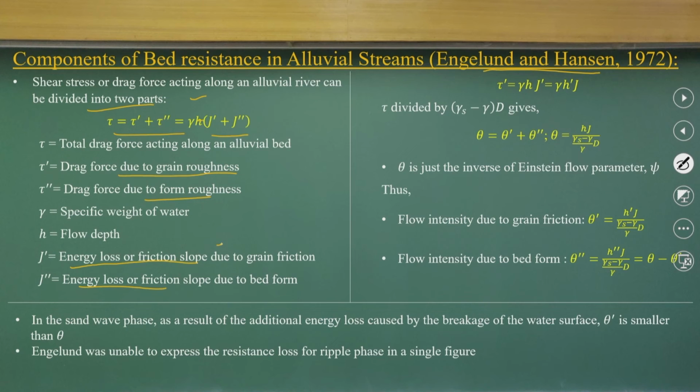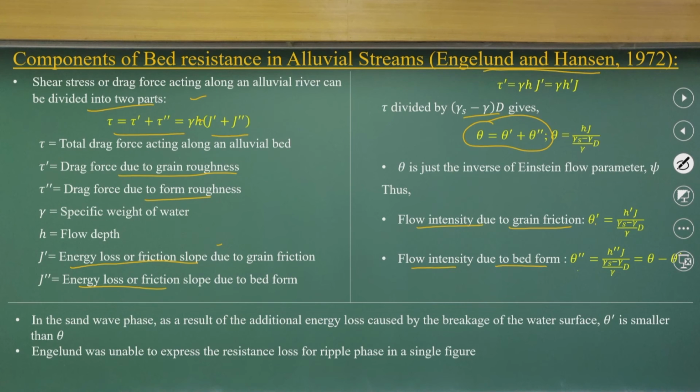He is trying to establish theta and theta dash, which is tau divided by the submerged unit weight of sediment particles. If you reframe it, the flow intensity due to the grain and the flow intensity due to the bed form are theta dash and theta double dash, and you can have this equation form.